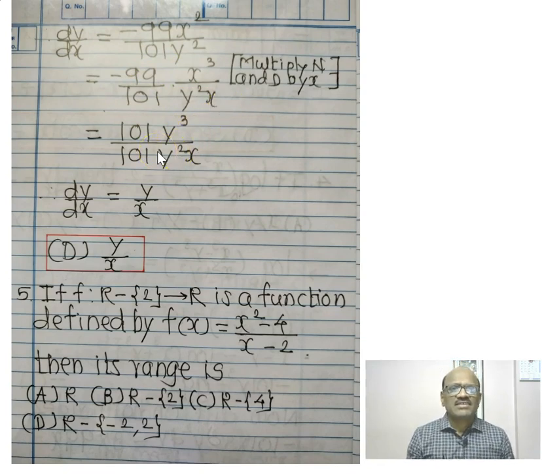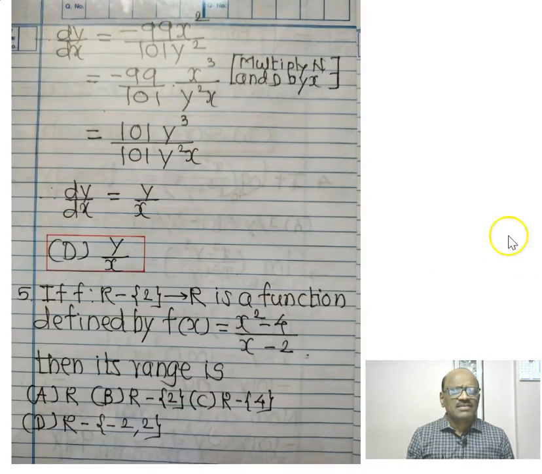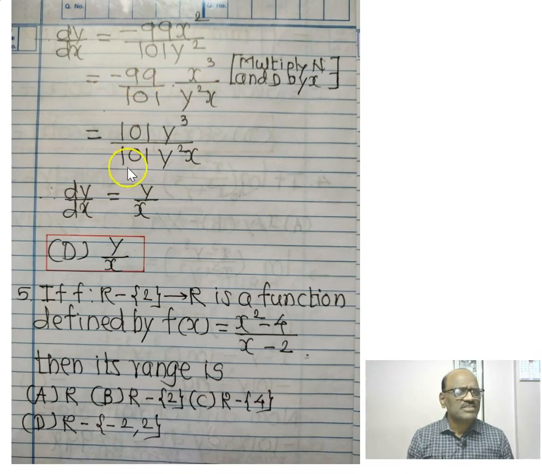That's why you are getting the value of 101 y cube from the previous term. Therefore, the answer is, the value of minus 99 x cube is 101 y cube, and that minus becomes plus, and therefore dy by dx is equal to y upon x, and hence option D is the correct one.